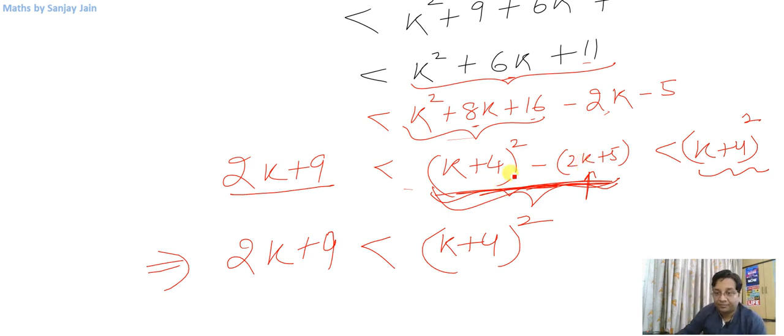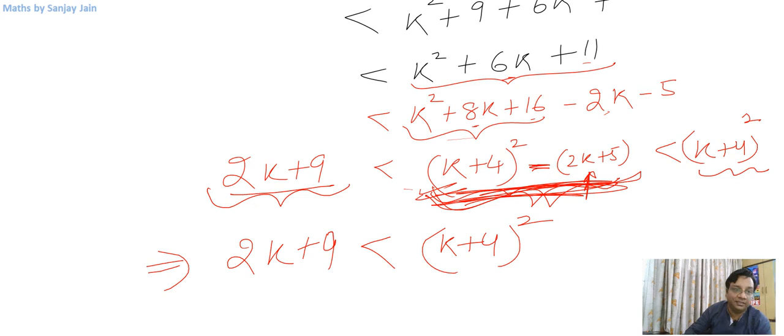But k is a positive integer, so this expression is something lesser than k plus 4 squared. So if 3 is less than 5, can I say k will also be less than 5? Yes, I can say that. This is what I have said here.